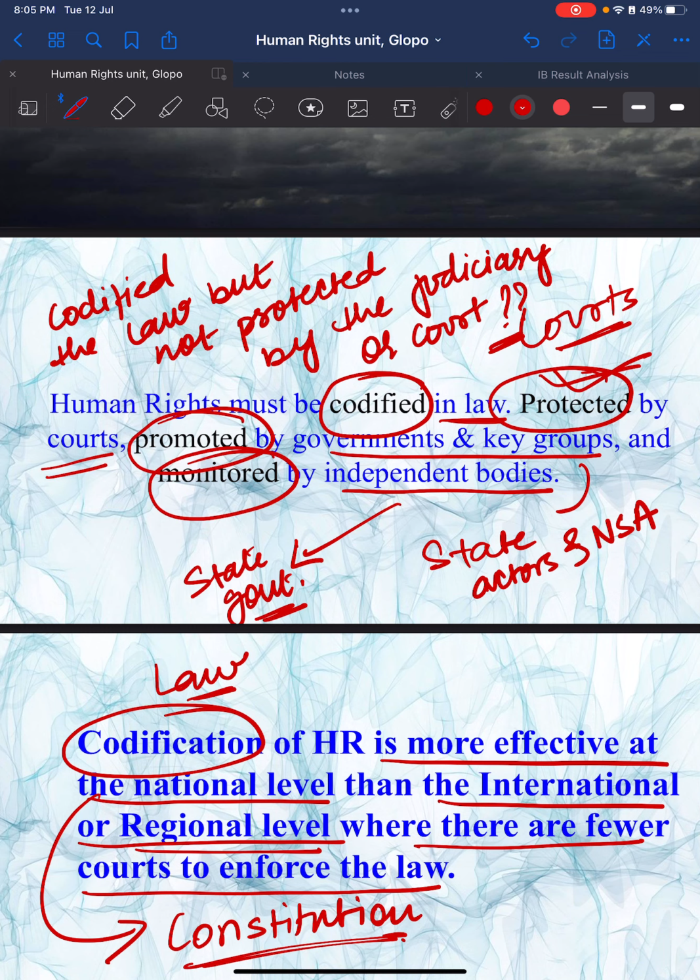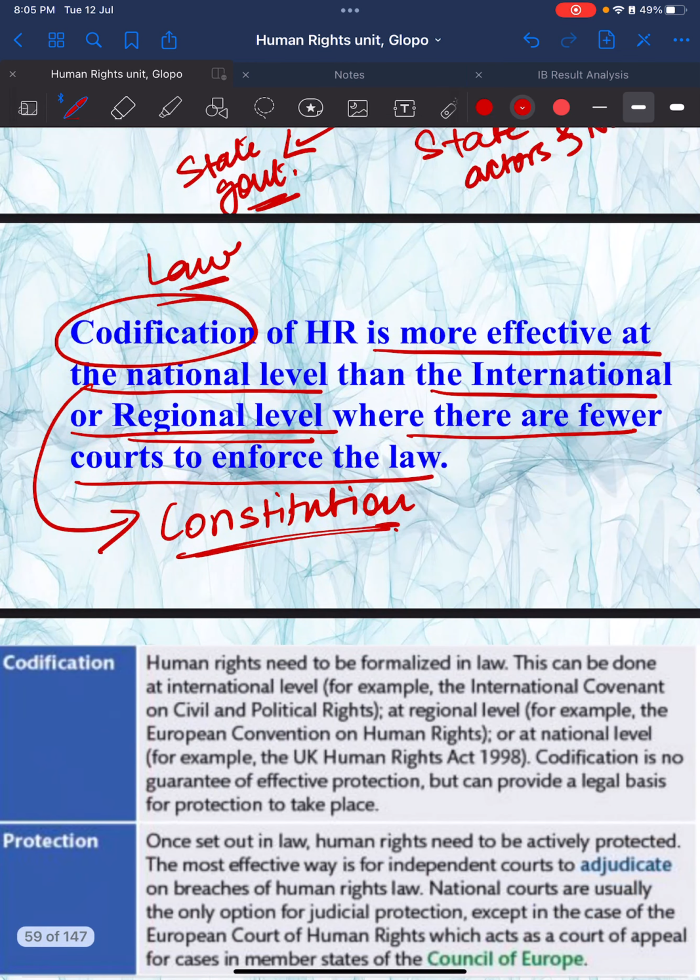No, right? So that's why we are saying that codification at the national level would be more effective than at the international or the regional level because of the enforcement of the law. So far so clear? Okay.